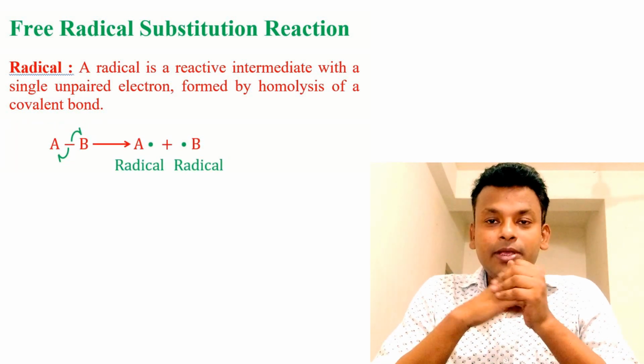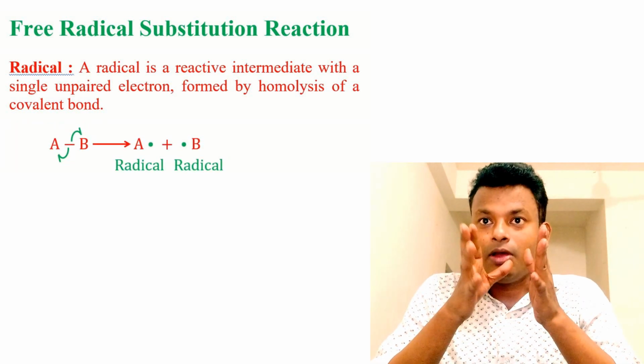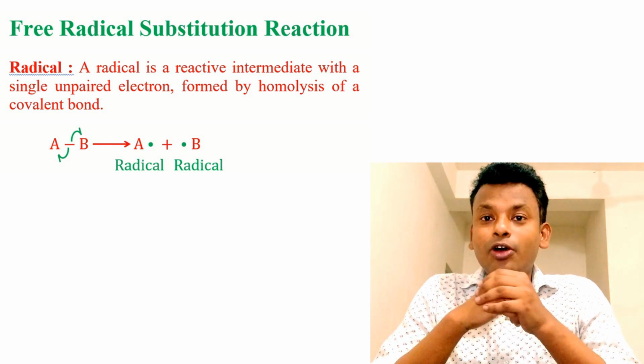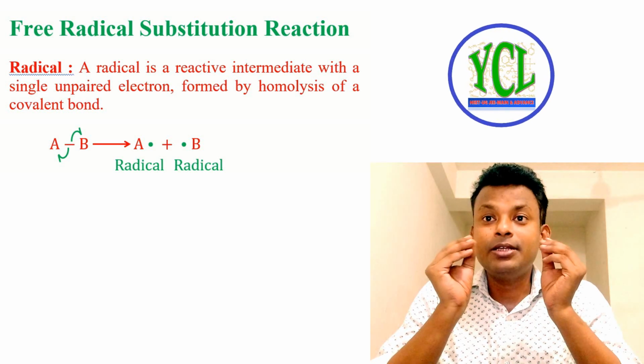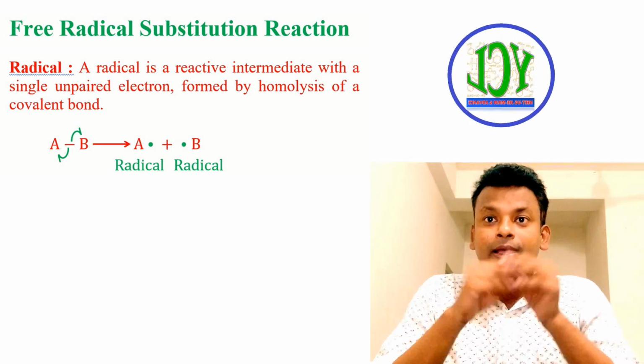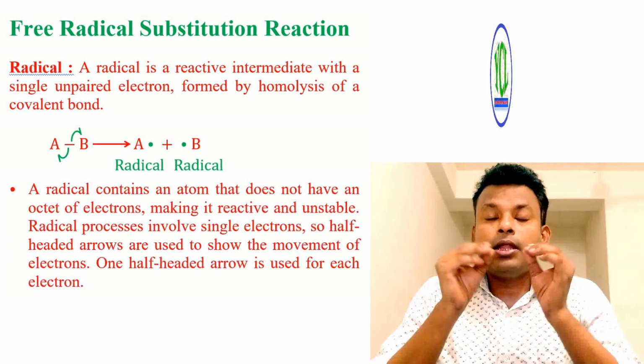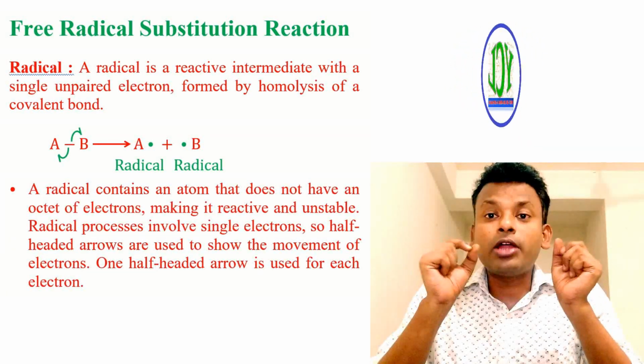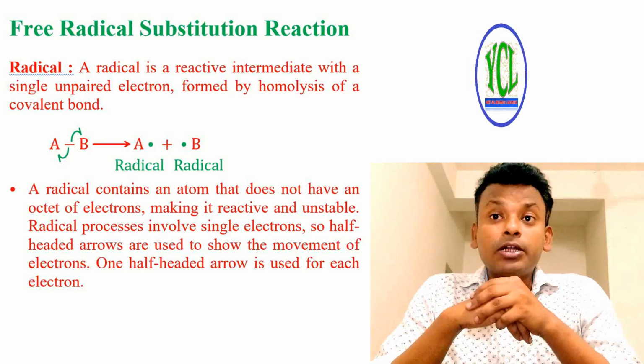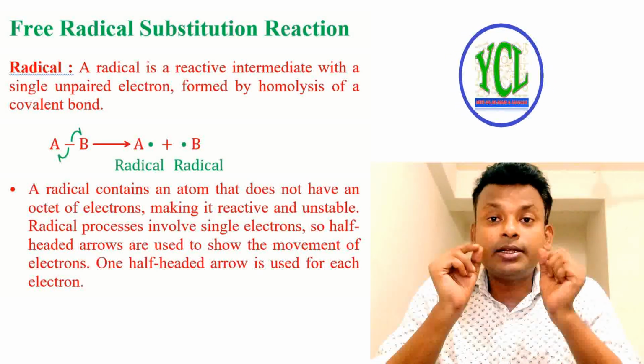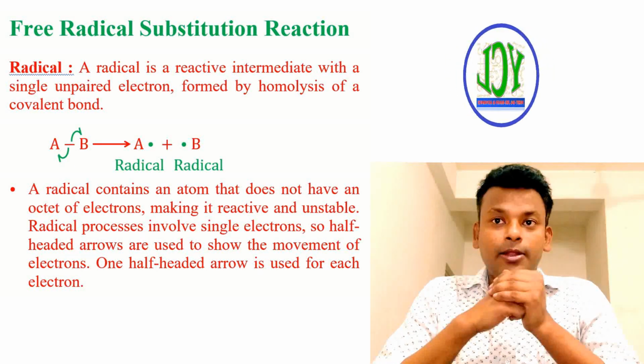Here AB is a covalent compound that forms A dot and B dot, which are radicals. A radical contains an atom that does not have an octet of electrons, making it reactive and unstable.